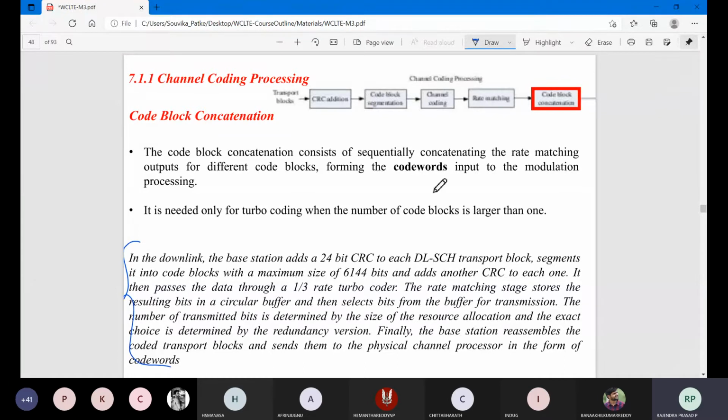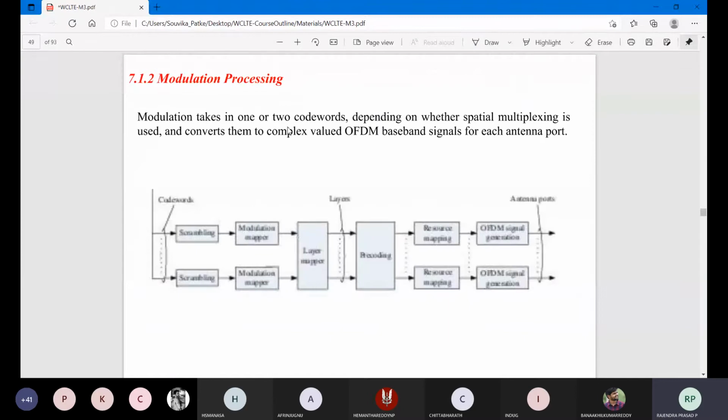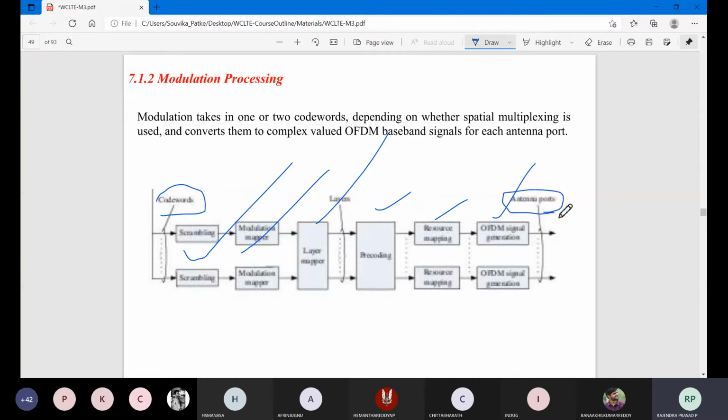And the next important part is the modulation processing, right? Again you are going to get data in the form of code words. You do scrambling, then modulation mapping, then layer mapping, then pre-coding, then resource mapping, then the OFDMA signal generator, then you give this information to the antenna port.